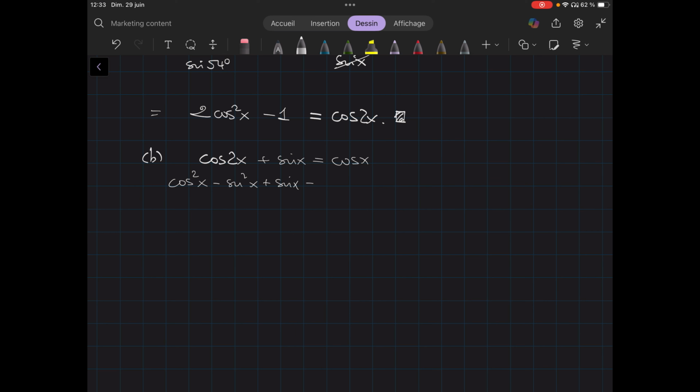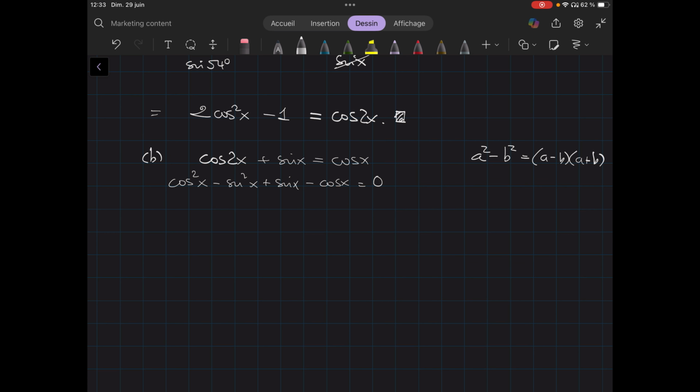The reason I decided to go with this one is because a squared minus b squared is equal to a minus b, a plus b. We have sine of x minus cos of x, so we should be able to factorize the left-hand side completely.